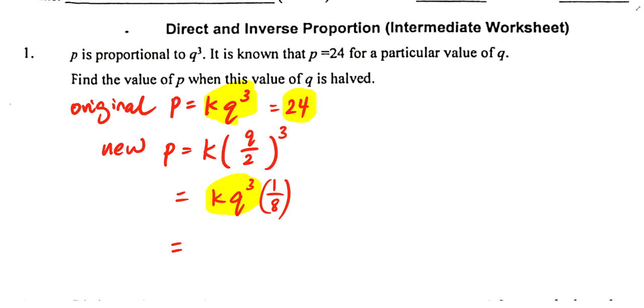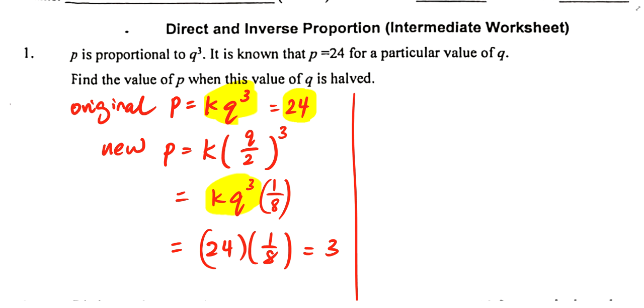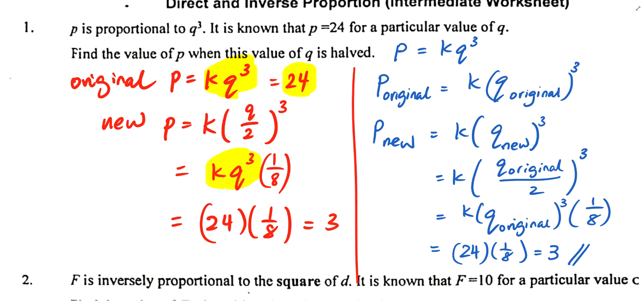So we replace it. 24 times 1 over 8 gives us 3. This is the shortest working already. If you're okay with this, you move on. If you are not, in blue it is slightly longer, but it may help some of you understand it better.